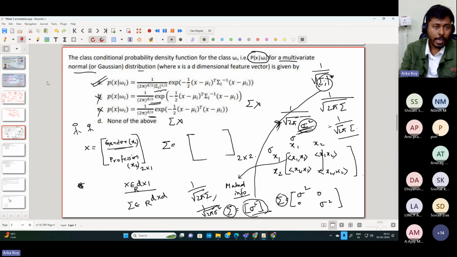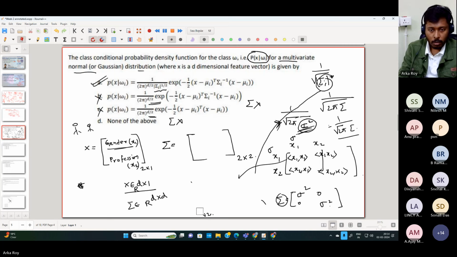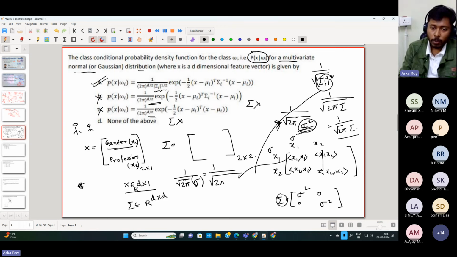Actually, the analogy is, let's say in case of univariate, you write root under 2 pi and sigma only out of root. So let me take 2 pi sigma square. Is it okay? Yes.